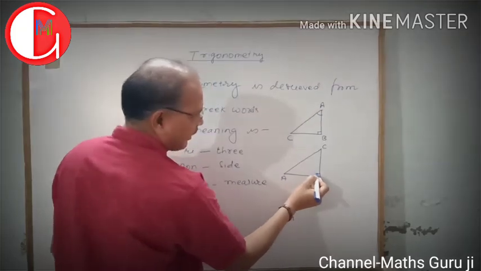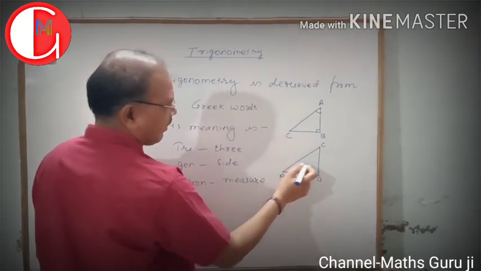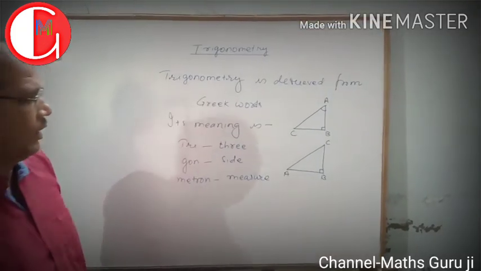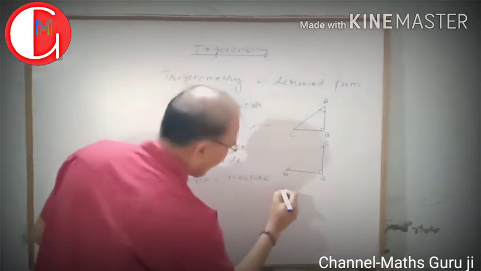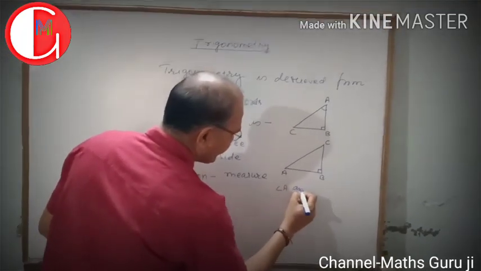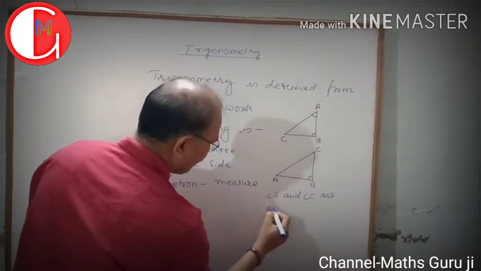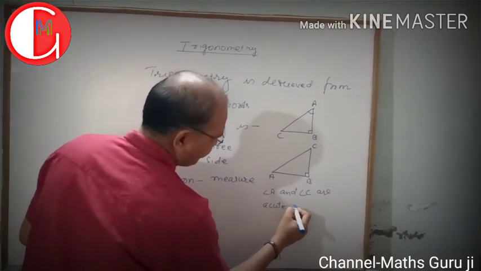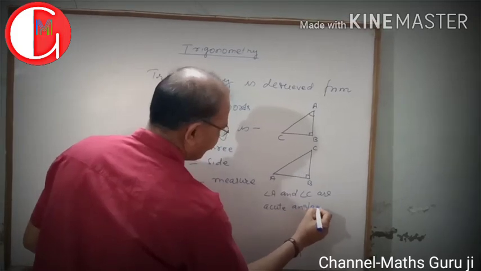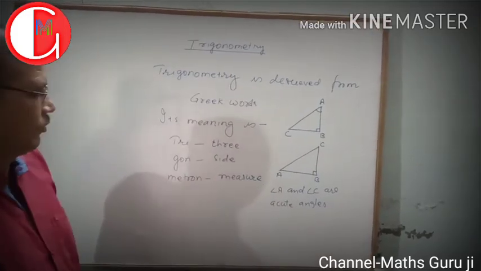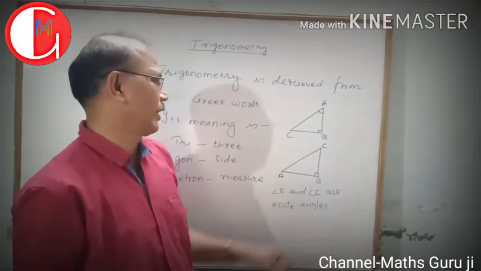One angle is right angle and the rest of two angles are acute angles. So angle A and angle C are acute angles. So we shall talk about acute angles.